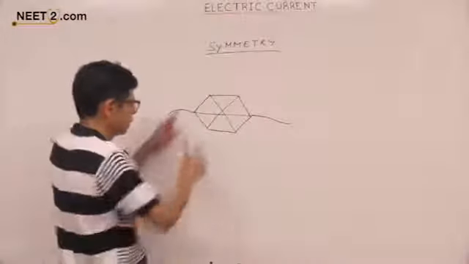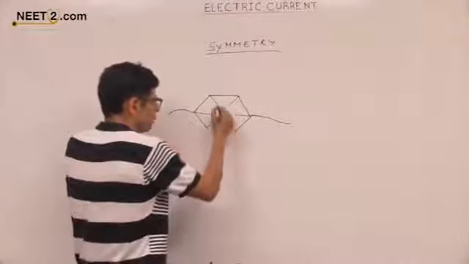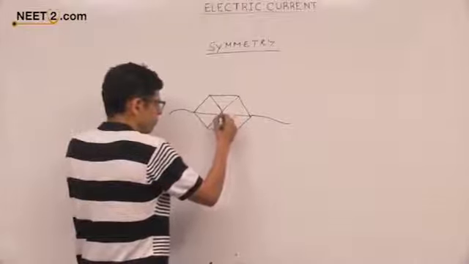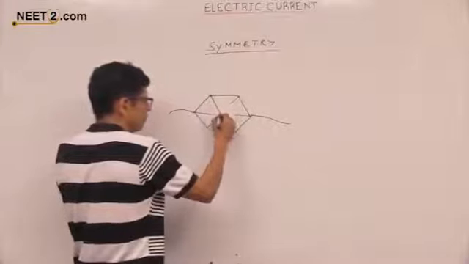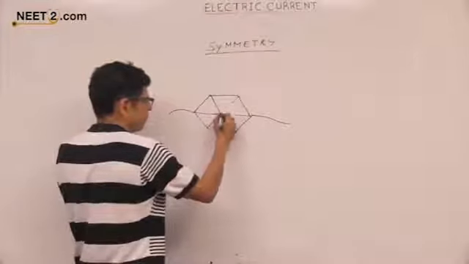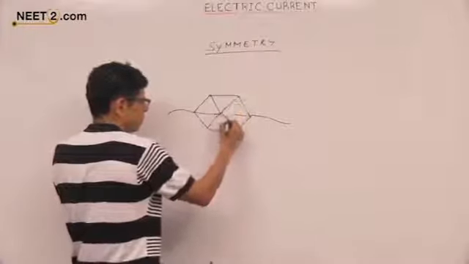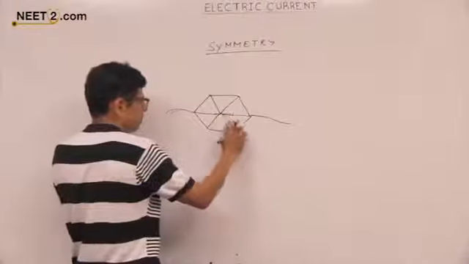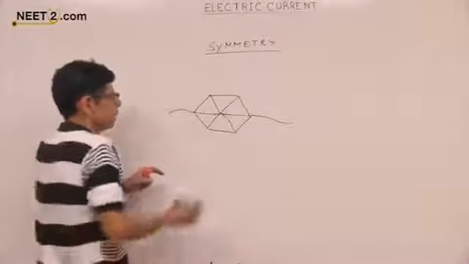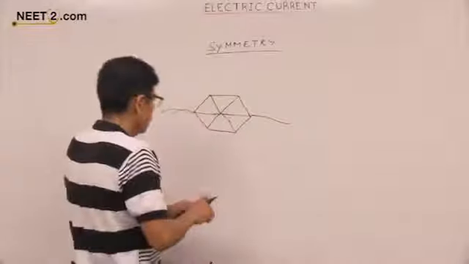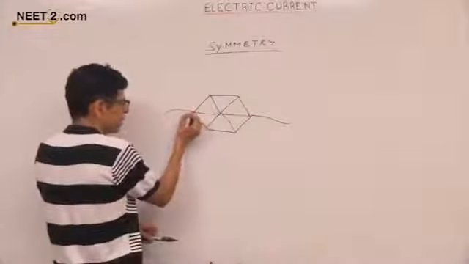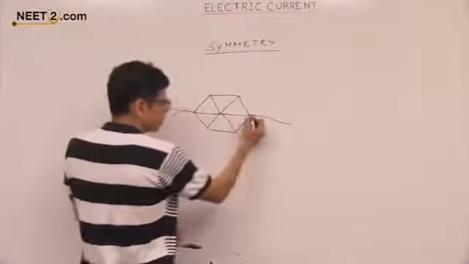In this, there are 12 wires. Okay, maybe the black ones have resistance and the red ones are lead wires.